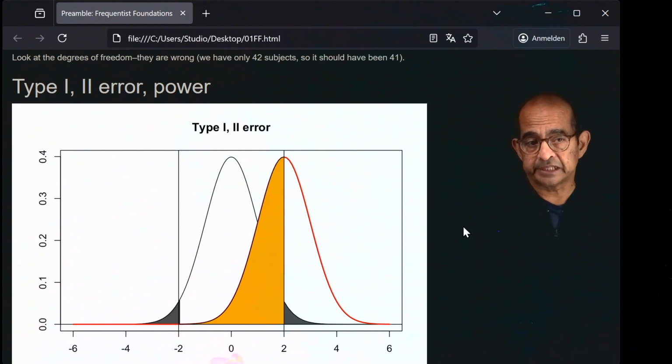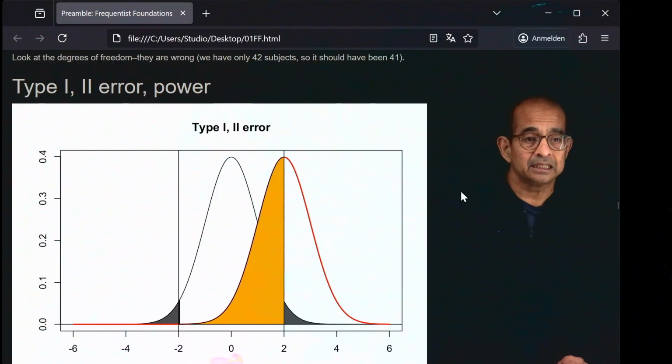Failing to reject the null there would not imply that you can argue for the null, because your type 2 error would be incredibly high. So that would be an invalid or incorrect inference to draw, to argue for the null if you fail to reject the null when you have a low power setting.